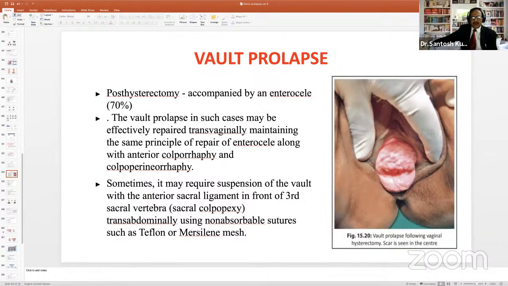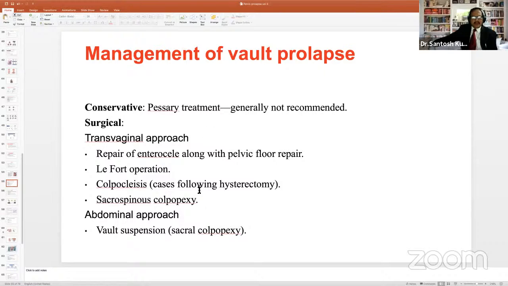This is vaginal vault prolapse. And now coming to the vaginal vault prolapse. Conservative treatment is pessary, generally not recommended because pessary is only a temporary treatment, not a permanent treatment. Transvaginal approach is repair of enterocele, Le Fort operation, colpocleisis, and sacrospinous colpopexy.